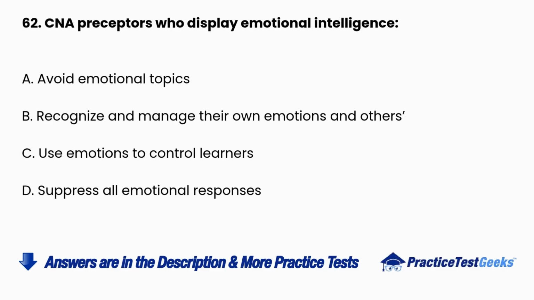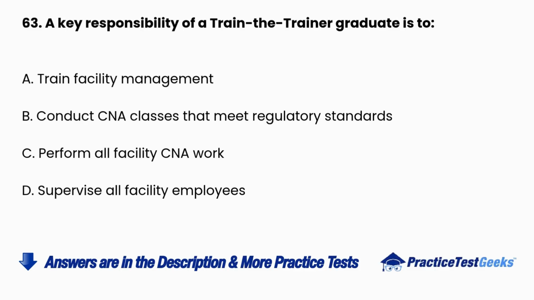62. CNA preceptors who display emotional intelligence: A. Avoid emotional topics. B. Recognize and manage their own emotions and others'. C. Use emotions to control learners. D. Suppress all emotional responses. 63.